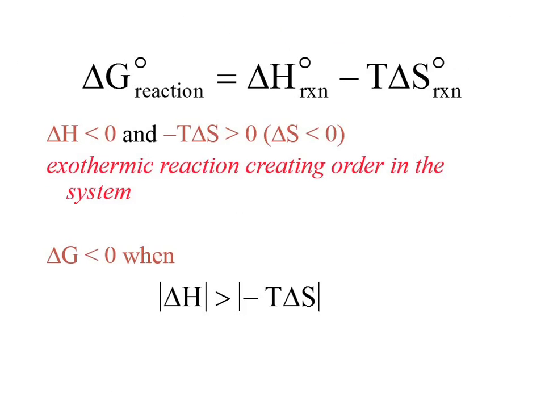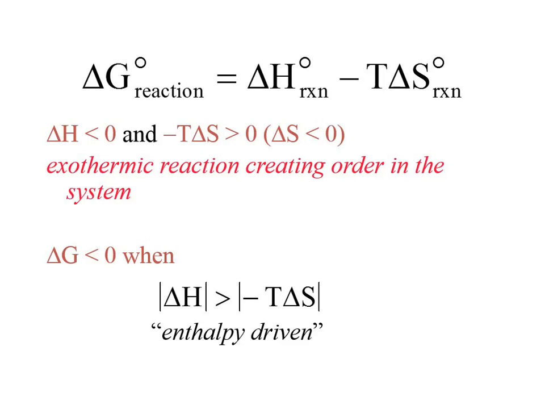So this down here at the bottom, it says it's possible for you to have a negative Gibbs free energy, but that will only be the case if the magnitude, the absolute value of your enthalpy term, which is favoring spontaneity, because it's exothermic, is larger than the absolute value of the temperature times your entropy term.